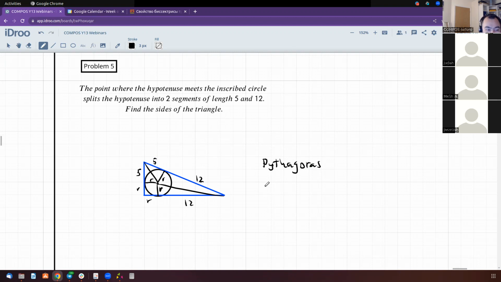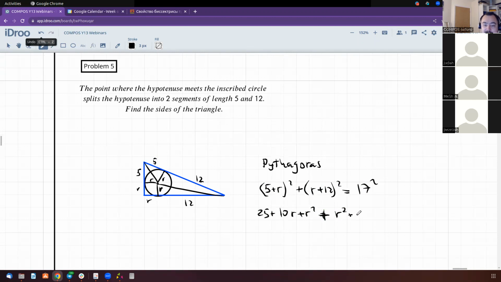Pythagoras. So we have 5 plus R squared plus R plus 12 squared is equal to 17 squared. So that's 25 plus 25 plus 10R, plus R squared plus R squared plus 24R plus 144 equals 289.